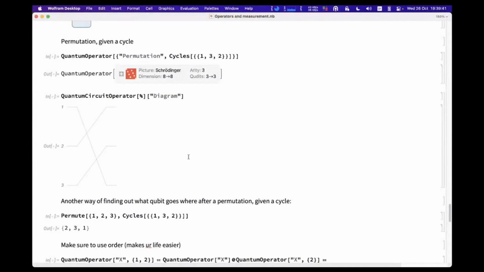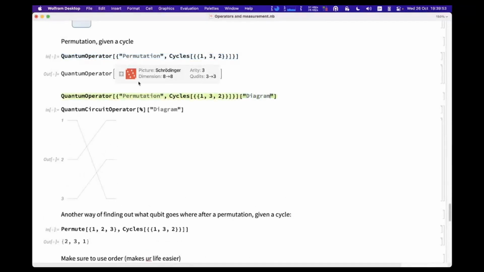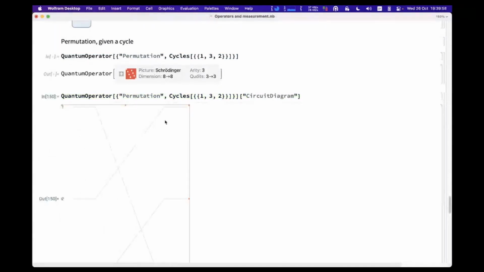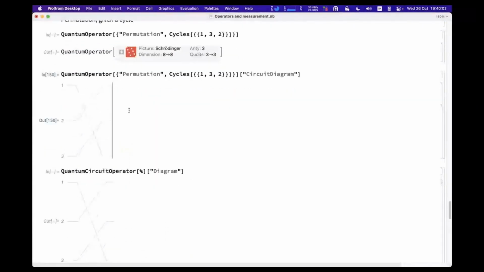For the permutation operator, you can directly ask for the circuit diagram, which is a property of that operator, or you can wrap it in a quantum circuit operator and ask for the diagram. Both give you the same thing.